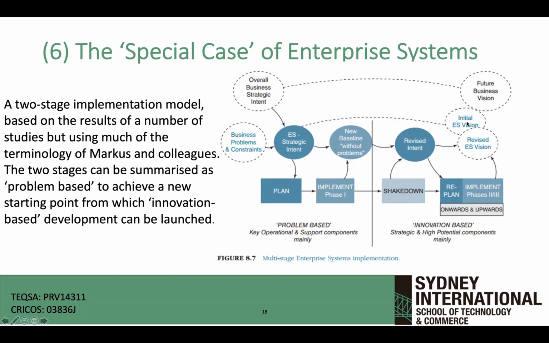I need to start making changes, revise what the system needs to do, and replan and re-implement: phase 2, phase 3, phase 4. So you make the adjustments needed for your enterprise system to continue working efficiently and delivering the outcomes we would like.